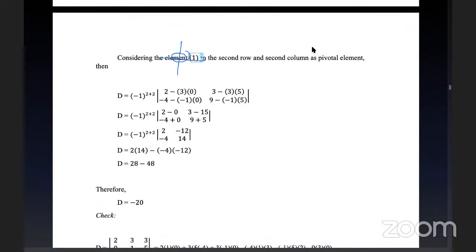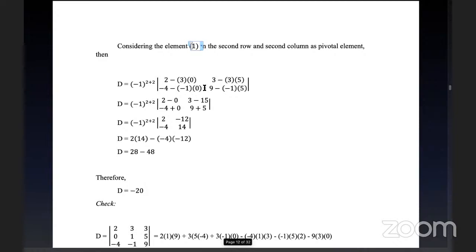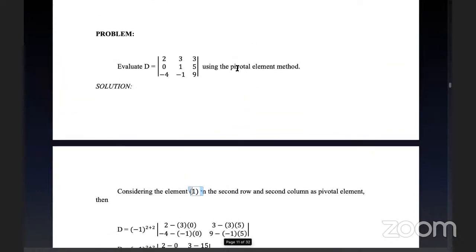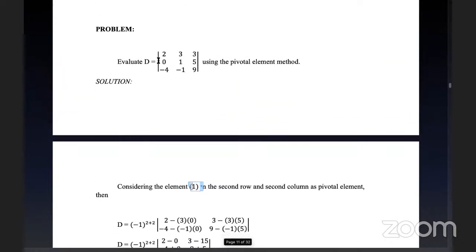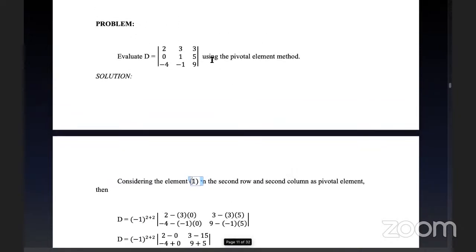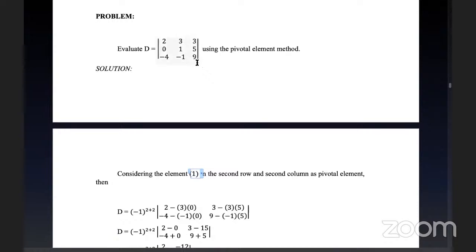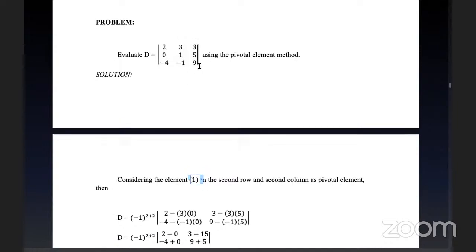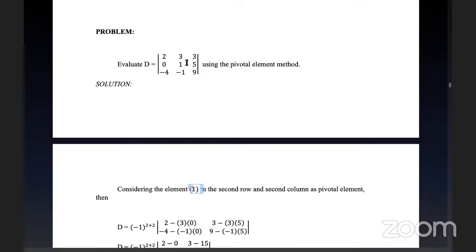Okay, tama. Okay, yung difference. So yung next naman is 3 minus 3 times 5 for that entire row 2. And then 9 minus -1 times 5.